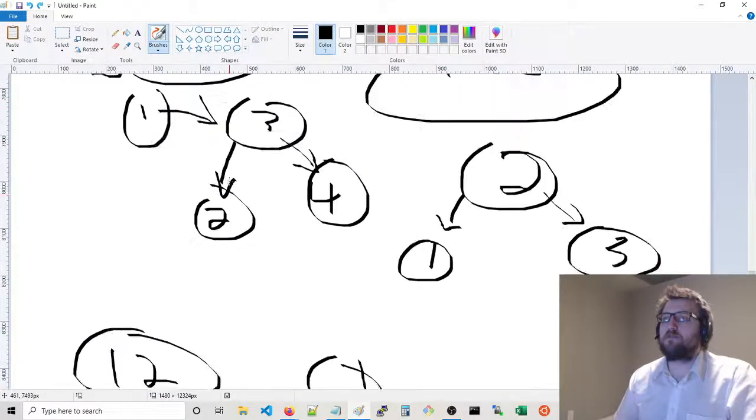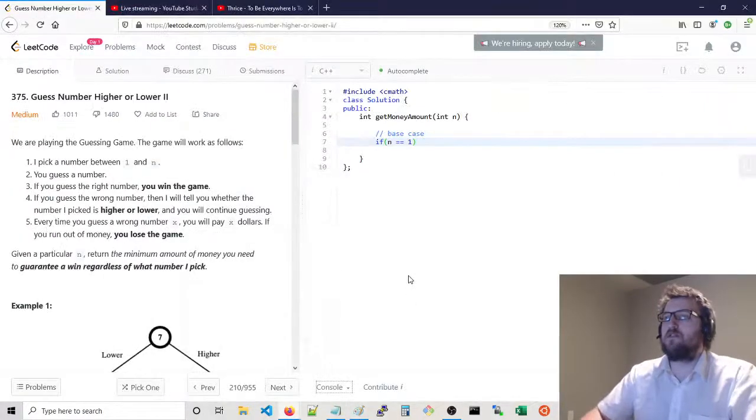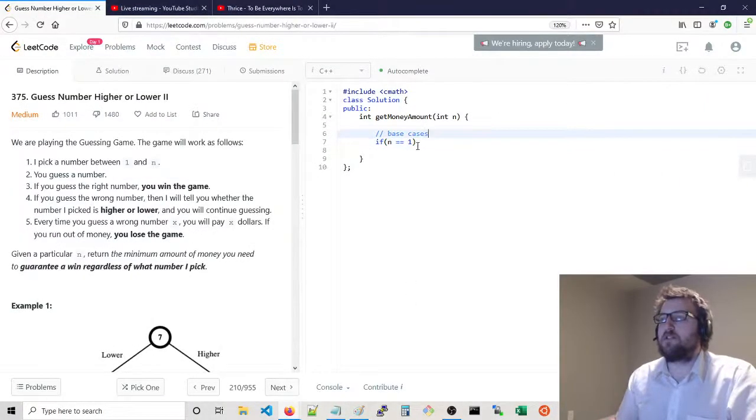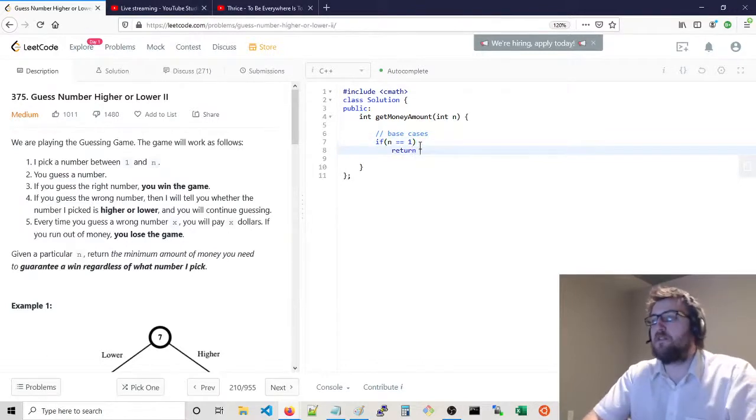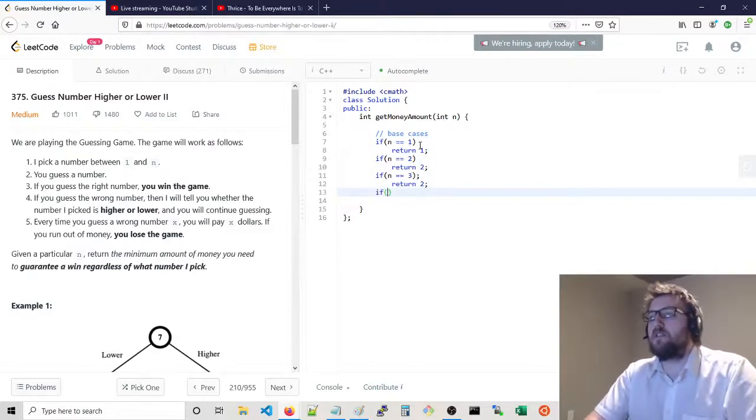So really if it's 1, so base case is n equals 1, return 1, n equals 2, return 2, n equals 3, return 2, n equals 4.